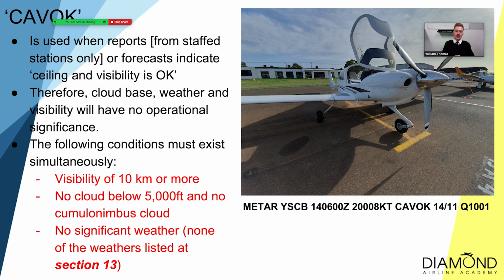The following conditions must exist simultaneously: visibility 10 kilometers or more, no cloud below 5,000 feet, no towering cumulus at any altitude, and no significant weather. So generally when you see CAVOK, beautiful flying conditions, considering other factors such as the wind, but we don't have to worry about visibility, cloud, or weather phenomenon.